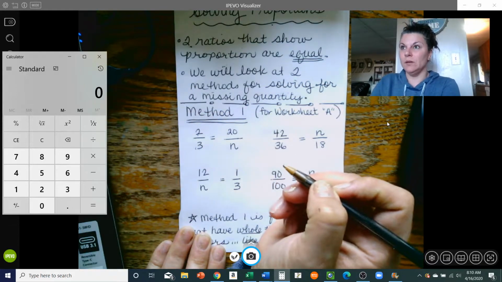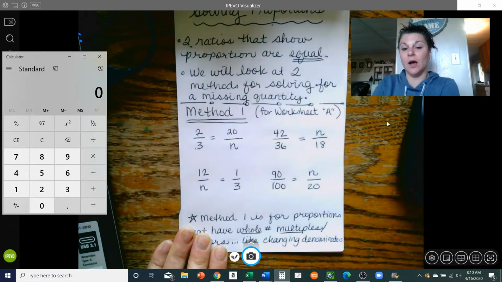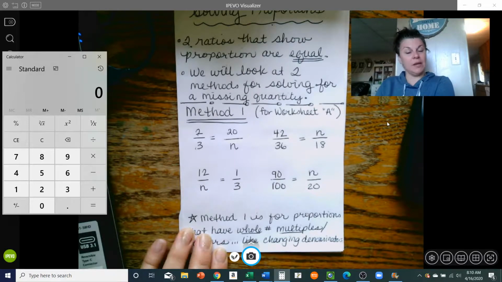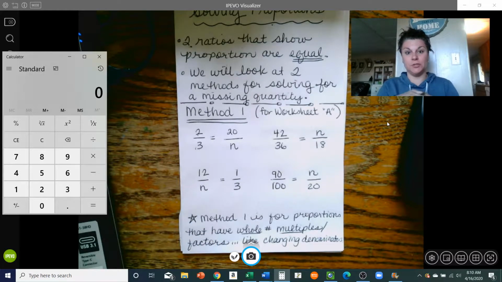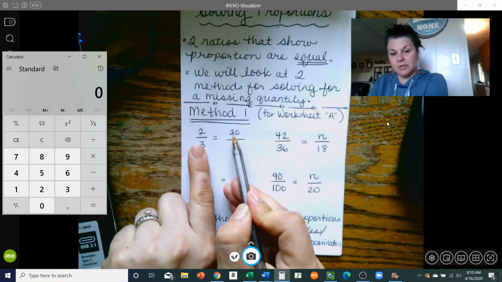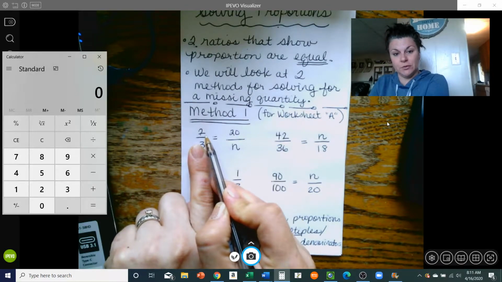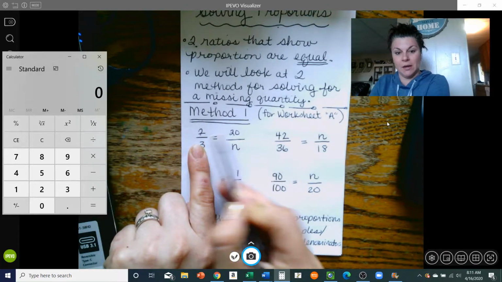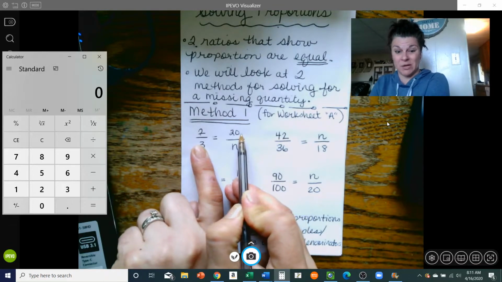So, remember, when we are getting common denominators, we're really just multiplying by a fancy 1. But you can also divide by a fancy 1, because multiplying by 1 and dividing by 1 don't change a number. They just change the way it looks. So, if you look between 2 and 20, obviously 2 is being multiplied by a number to get 20, because 20 is bigger.